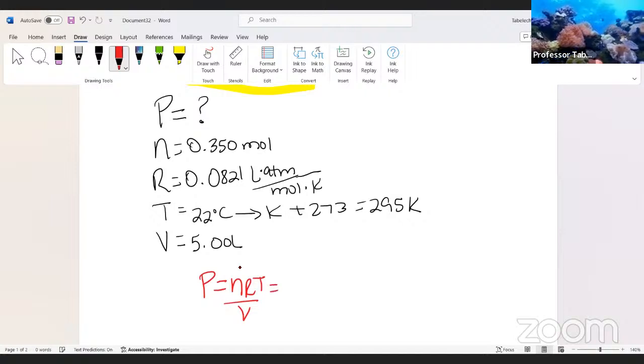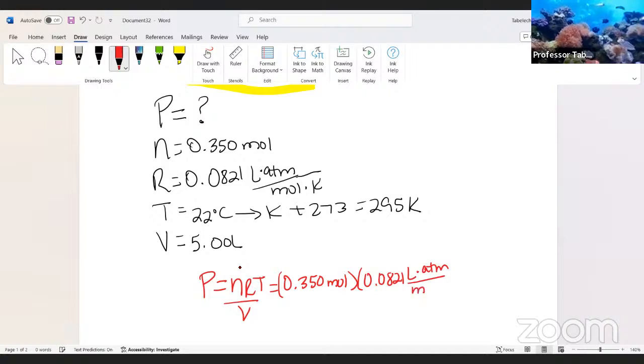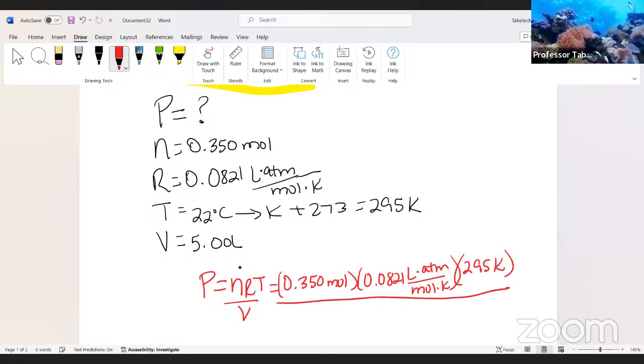My n is 0.350 moles times my R, 0.0821 liters atm per mole Kelvin, times, I'm going to have to zoom out so y'all can see the whole screen, my temperature of 295 Kelvin, all of that over the volume, which was the 5.00 liters.